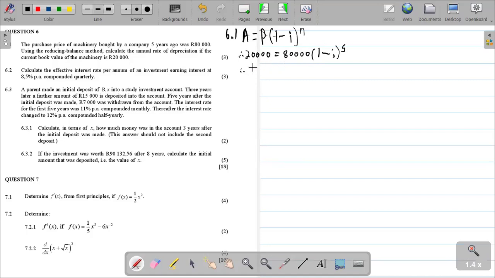And then you have 1 over 4 equals, and then we can take the fifth root here, and then we have 1 minus i. So if we want i here, it comes this side, it becomes positive. So it becomes 1 minus the fifth root of 1 over 4.